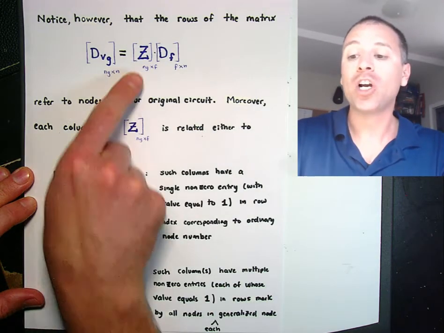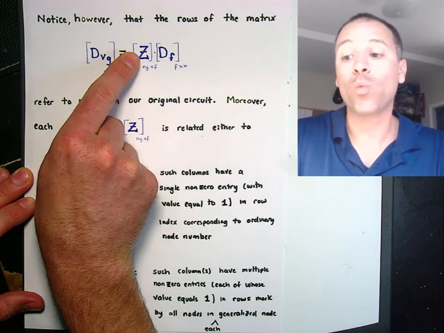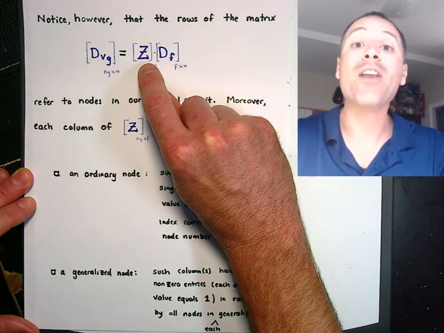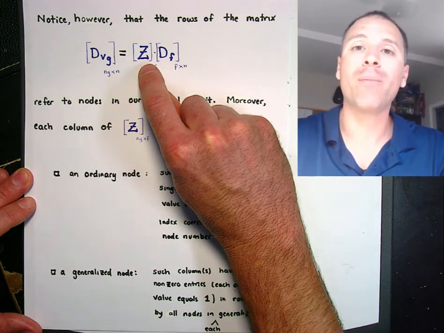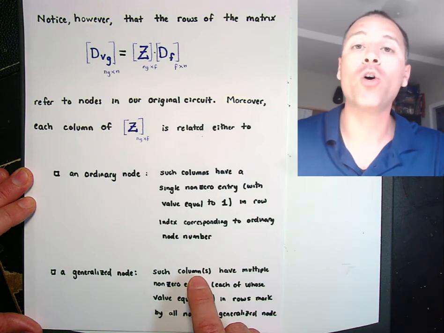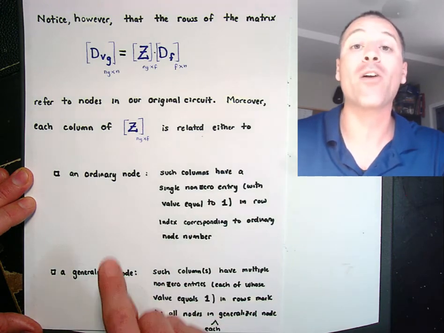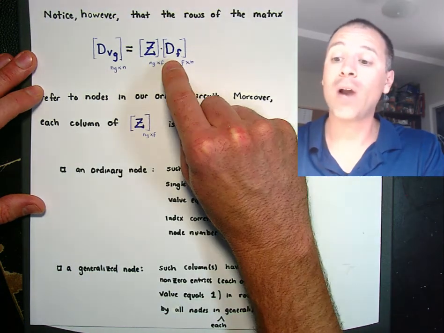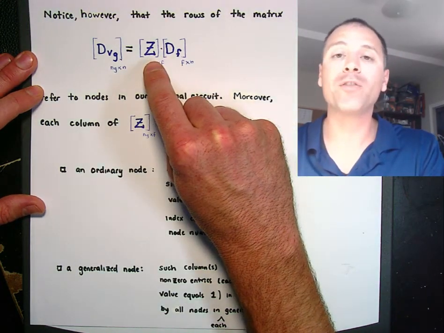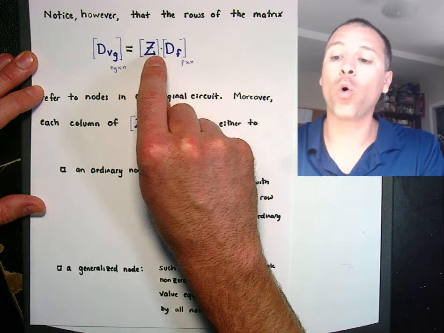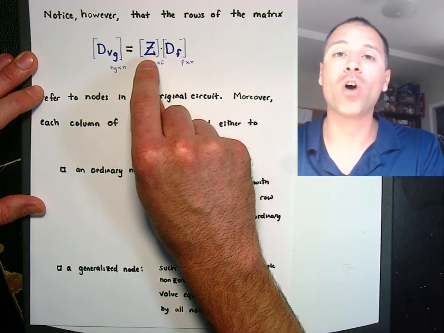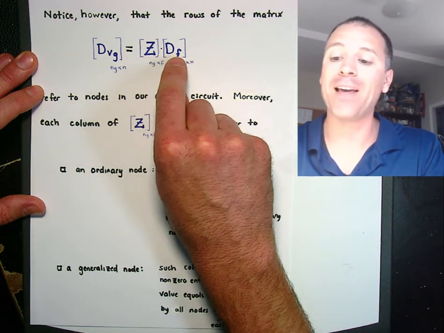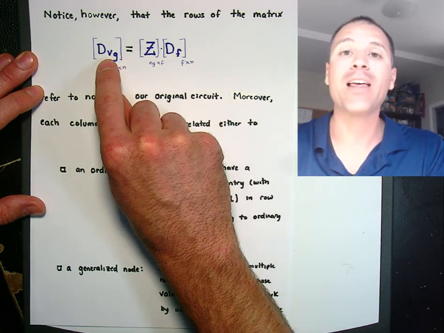And then each generalized node has one column in the matrix Z, where the number of non-zero entries in that column is equal to the number of nodes within that generalized node, and they're in the same positions along those row indices. Thus, when we're going to ground our circuit, we just find which node we are going to ground, find the corresponding column where that row entry is non-zero, and then zero that out, and that forms this matrix.